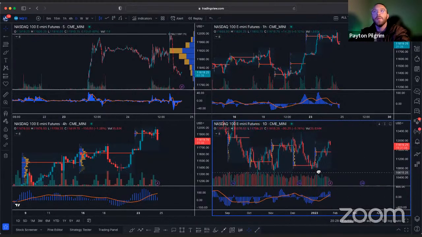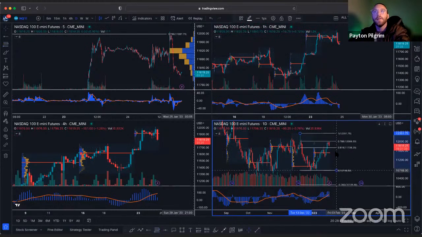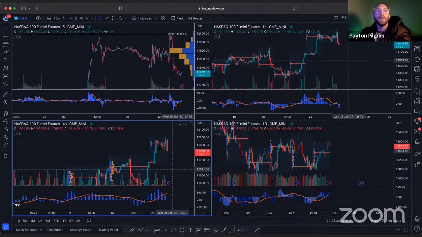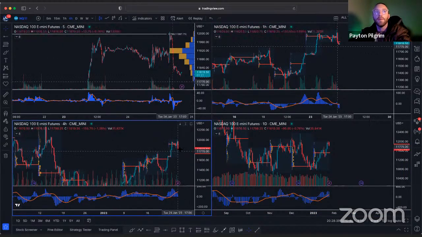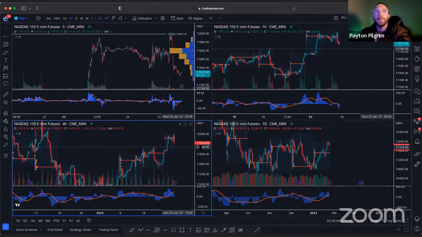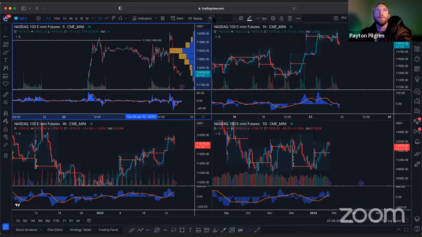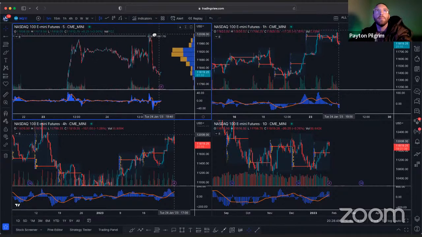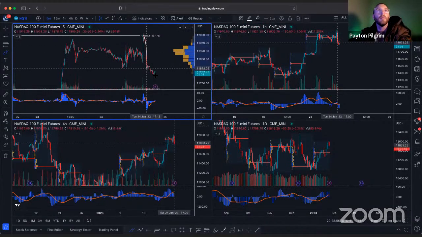NASDAQ has been leading the way a little bit the past couple days. It's already hit the 78.6 fib on the daily, and it's starting to make a push down already. Keep in mind, it's already hit the 78.6. The way that it hit it though, perfectly right here after taking out these highs, there was this manipulation and then the drop.